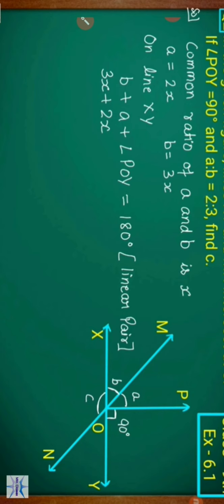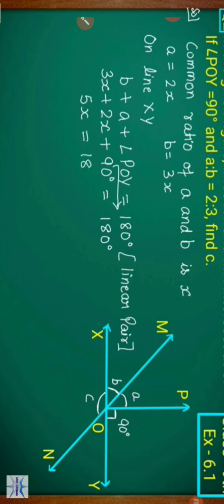Okay, so we have put 90 degree is equal to 180, so 2x plus 3x becomes 5x plus 90.